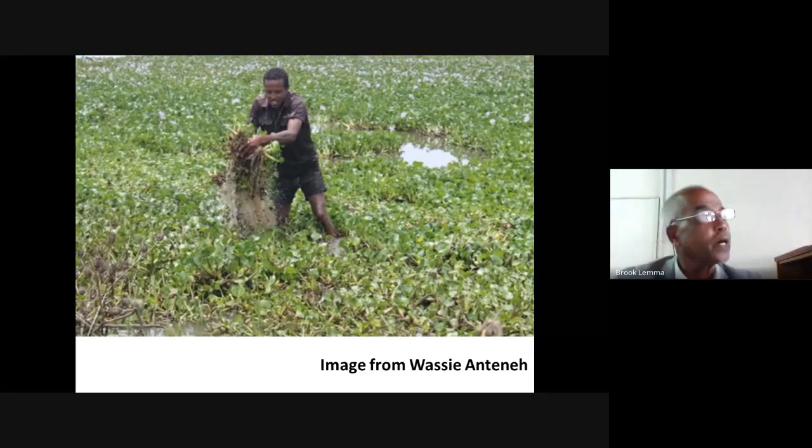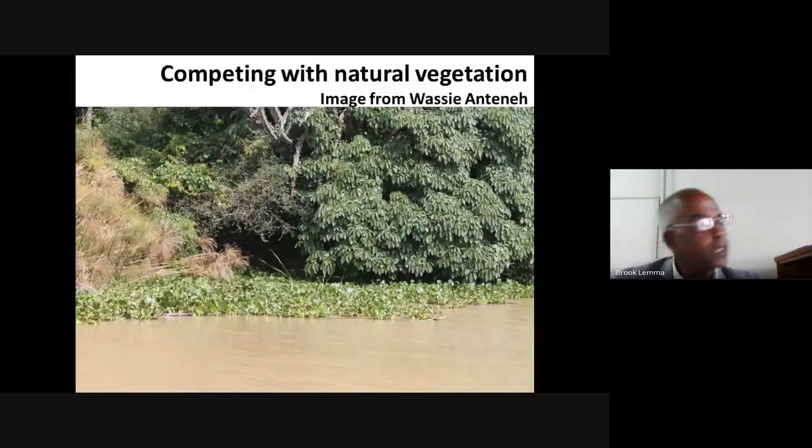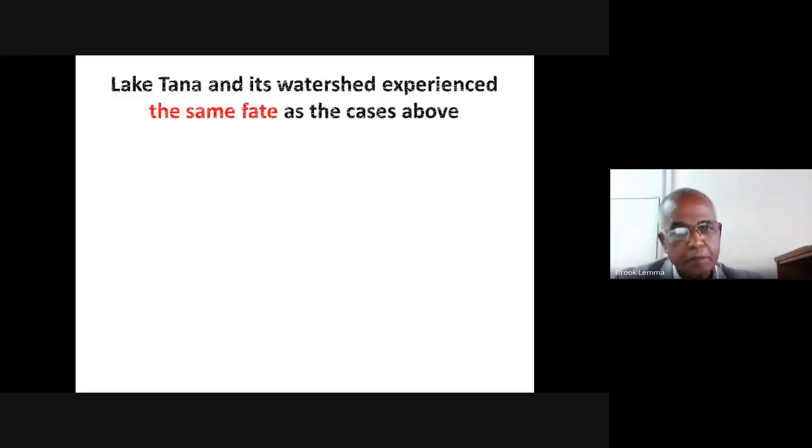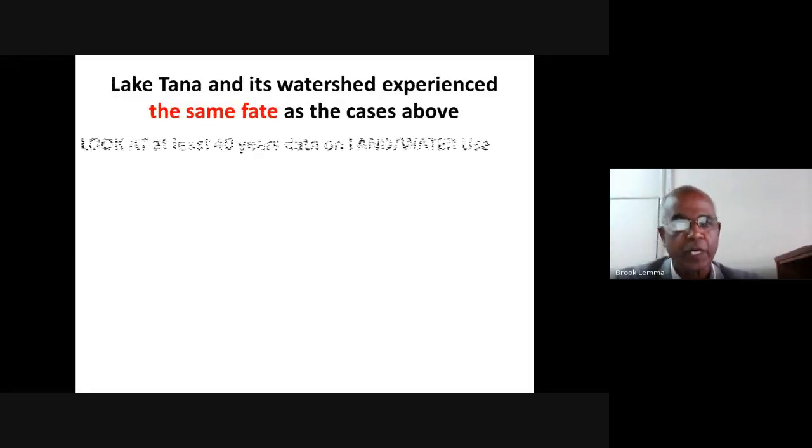There is no surprise why water hyacinth is there, because of all of these factors, and it started to compete with the native vegetation. And so Lake Tana, its watershed, experienced the same fate as the cases of the above lakes.